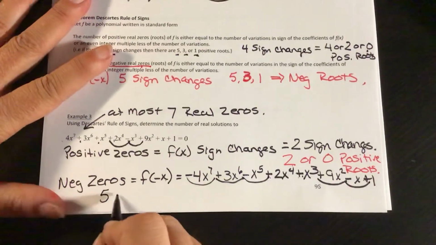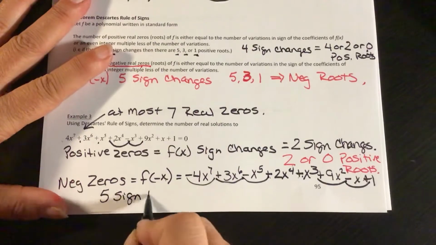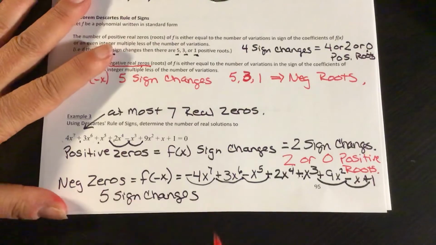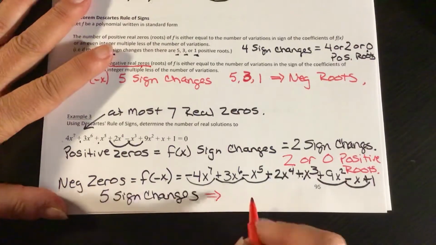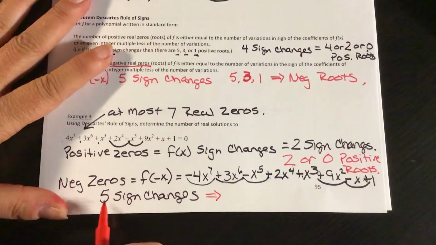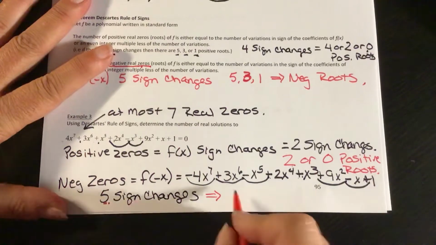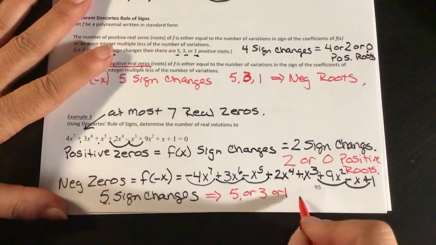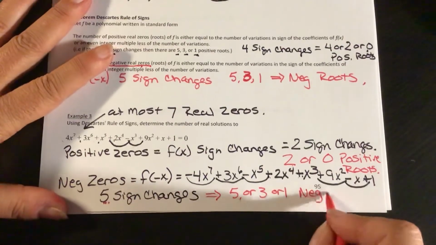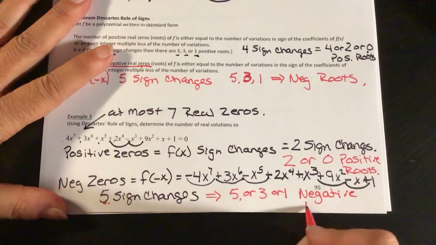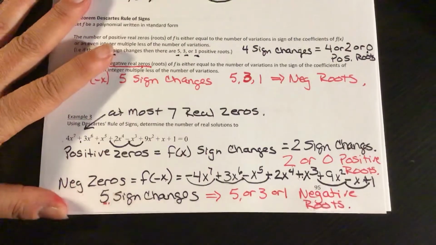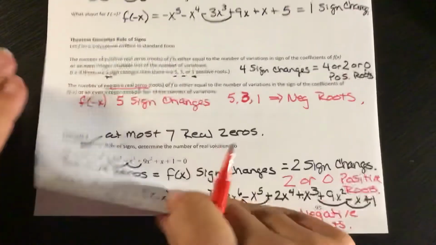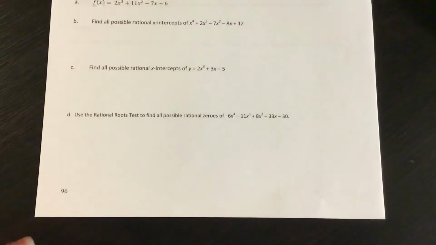So here's 5 sign changes, and that means I can have either 5 or 3 or 1 negative roots or zeros. Okay, so we're going to put that all together here.